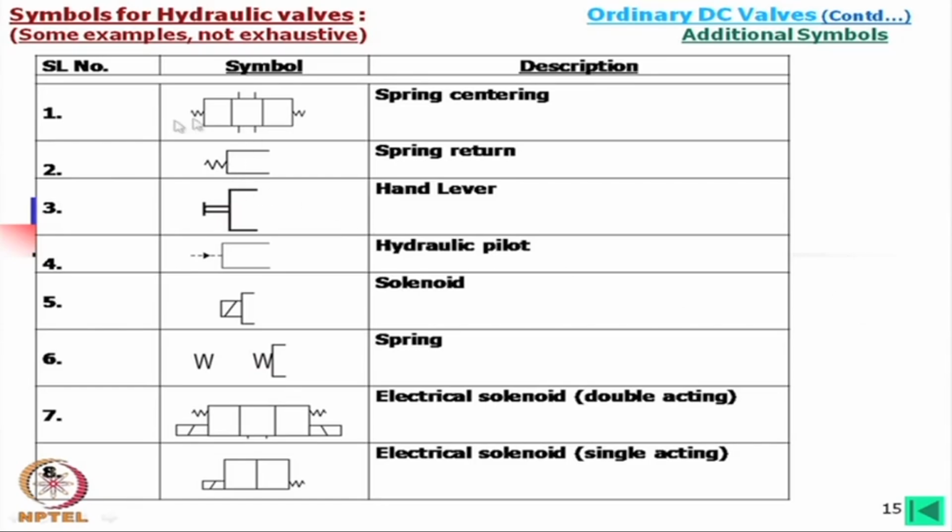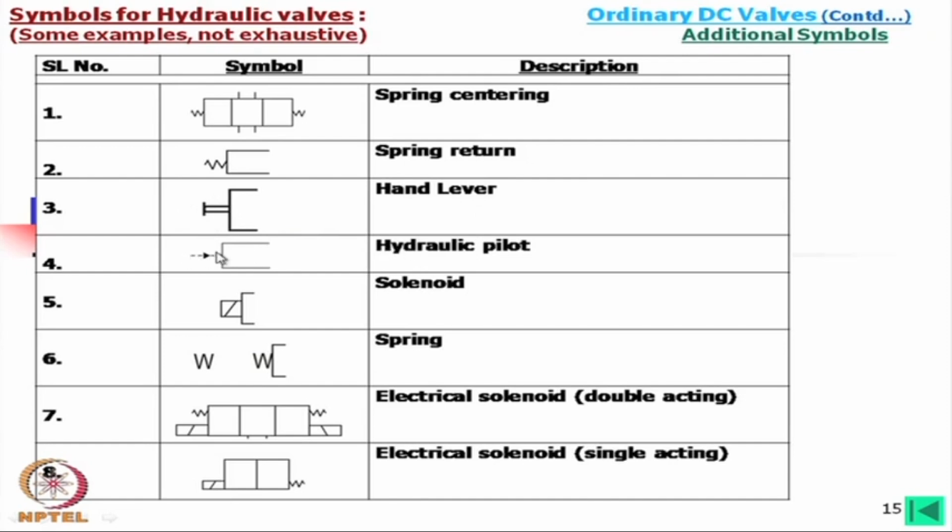Now, symbols for hydraulic valves, again some examples, not exhaustive. These symbols are some repetition, only thing is that once it is shown that if you add this one, this is called spring center. If you add a spring on one side, it is usually called spring return. Okay. If you show this one, this is the hand lever.